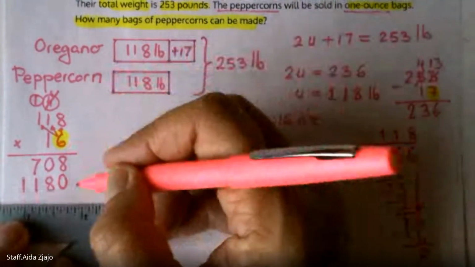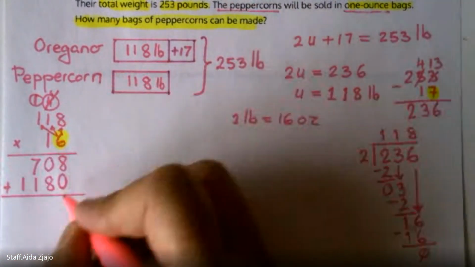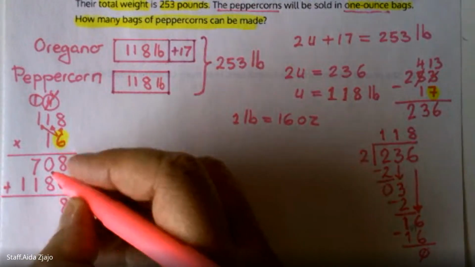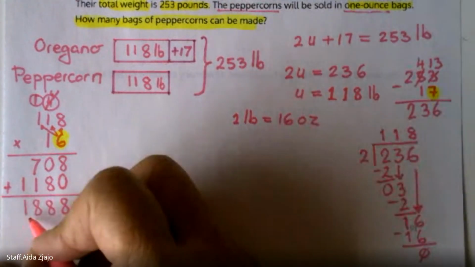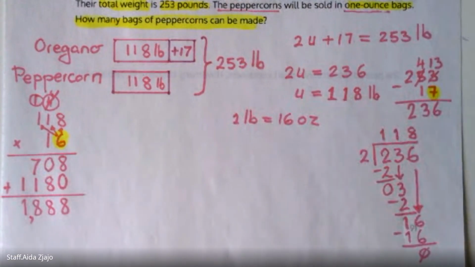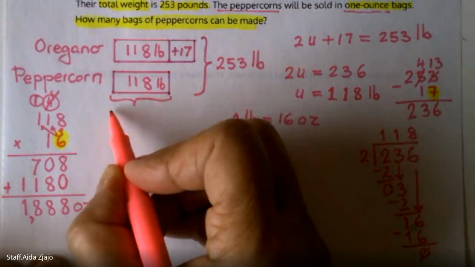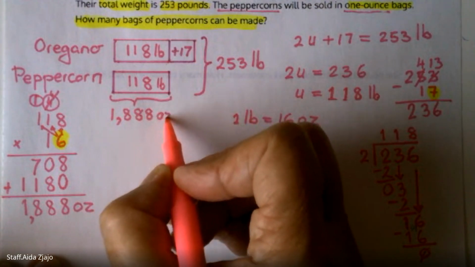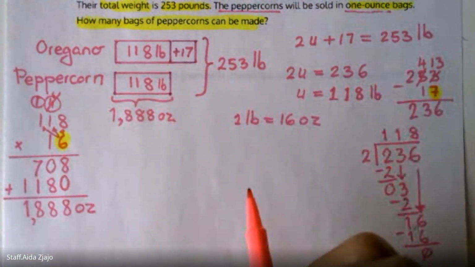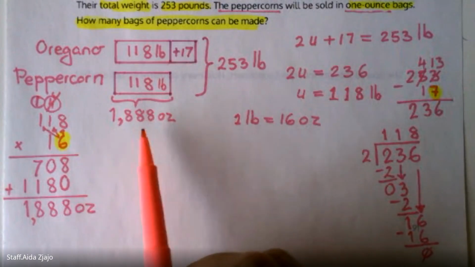And then we can add that. So 8 and 8 and 8 and 1. So it looks like 1,888 ounces. Because the bags will be 1 ounce bags, that's how many bags they will need.